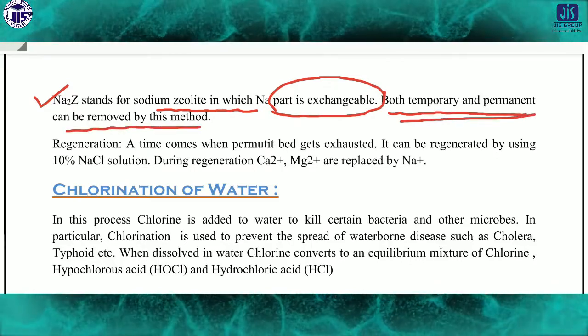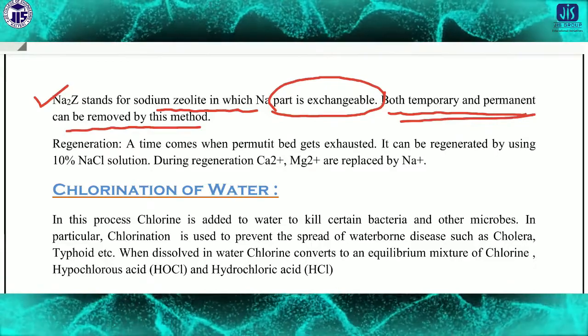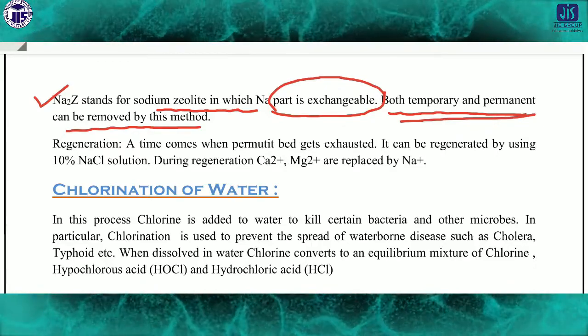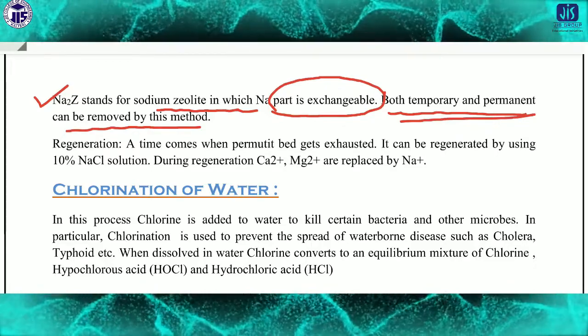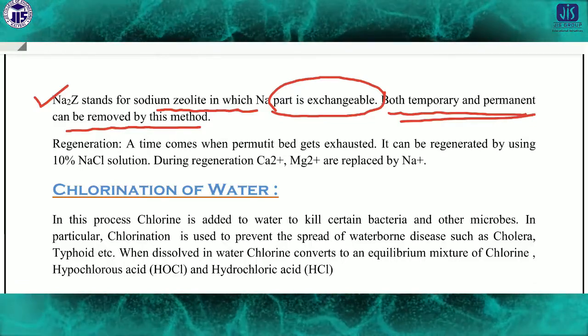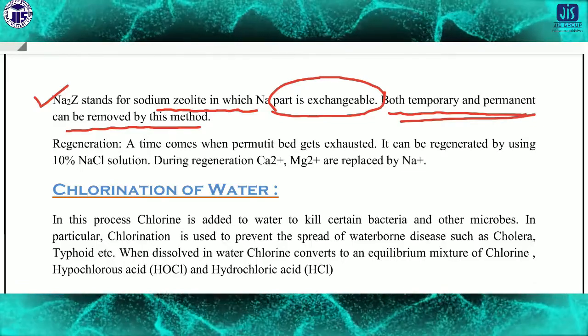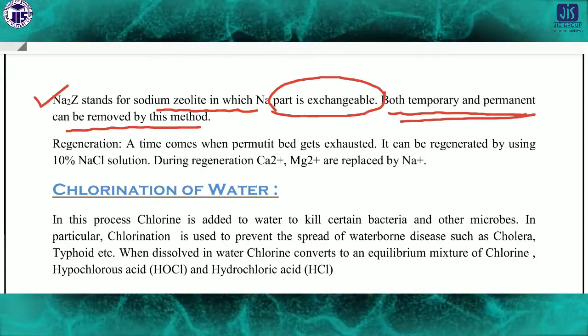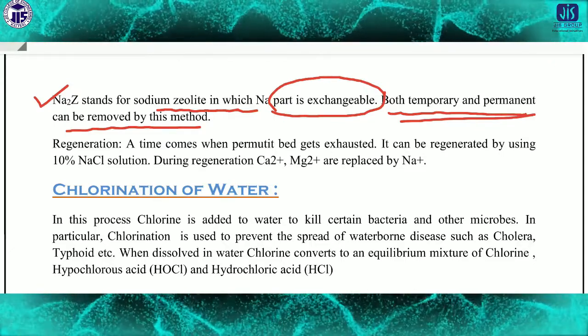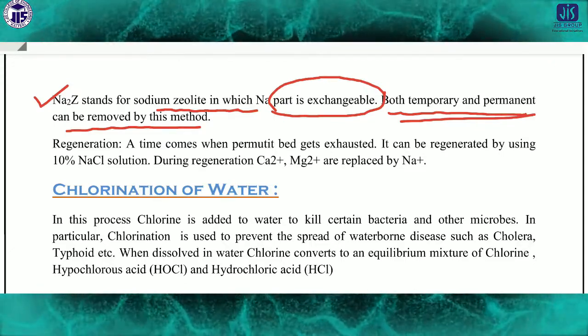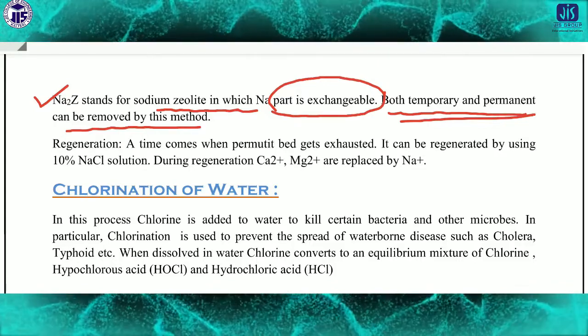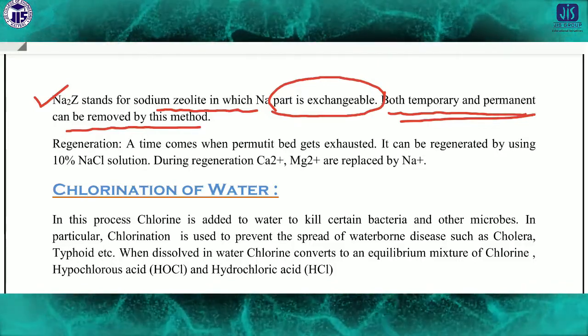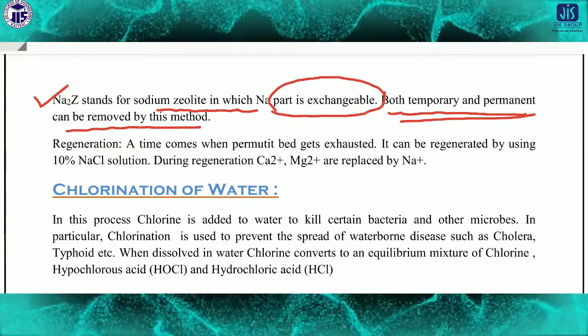That means for the water which we are using, we know that generally temporary hardness we can easily remove by boiling the water. But if we use the permutit method, then there is no need for any further boiling of the water.